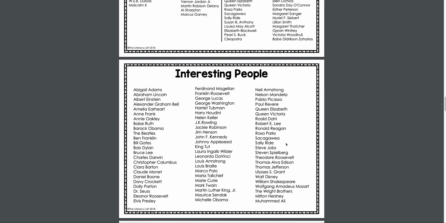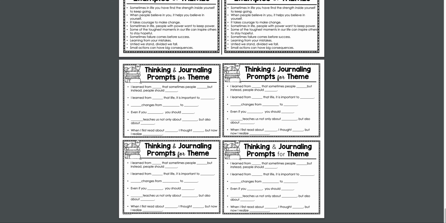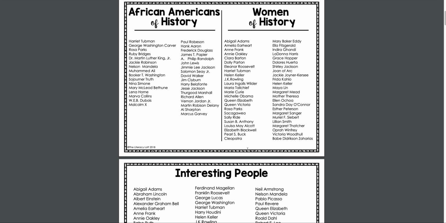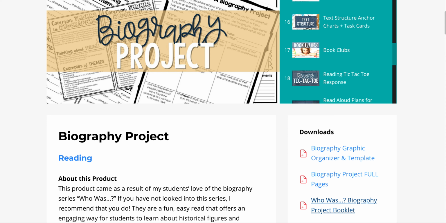I give you a list of people, and this is what the booklet looks like, and there are directions on how to copy it as well. There's definitely a lot of writing, but a lot of places where students can draw and make it more like a project. So that's that. Let me back up.